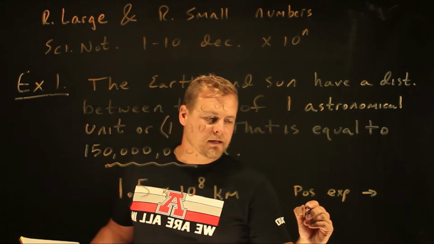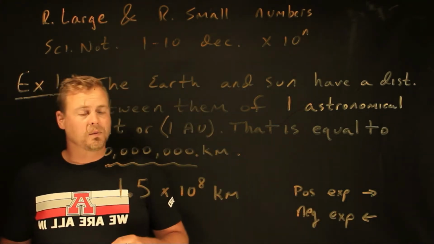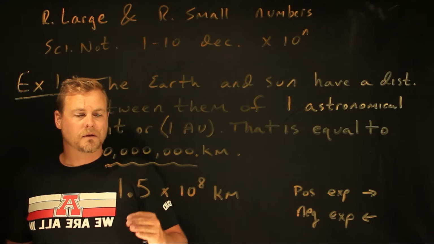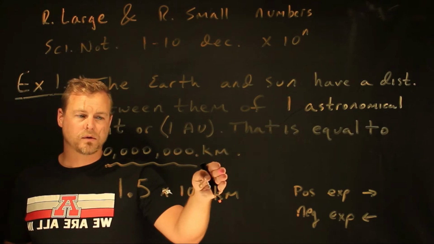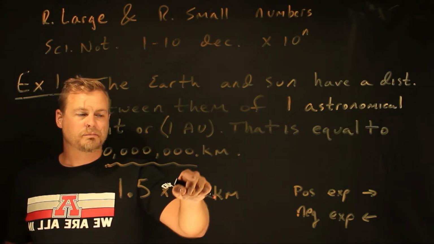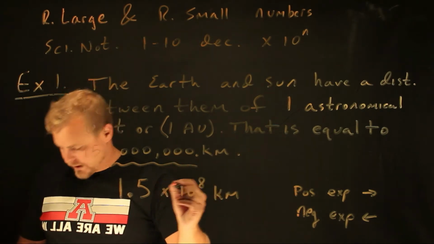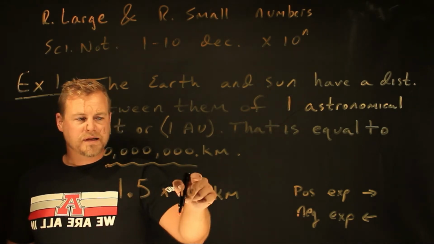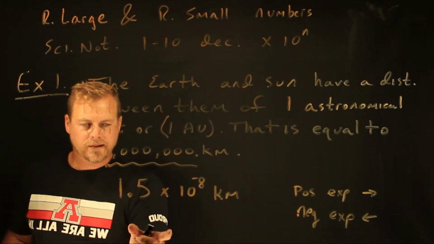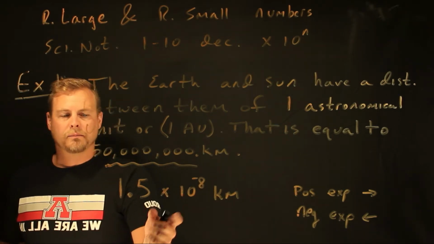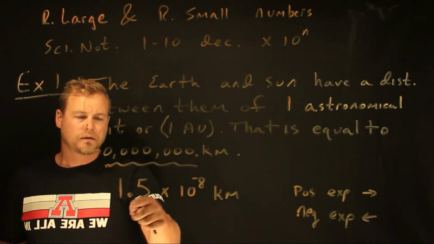If it's a negative exponent, you're going to go to the opposite side. And what that's saying, to unpack this, is you're going to divide it by that power, because 10 to the positive 8 is all up here in the numerator, but if I changed it to times 10 to the negative 8, what that really means is that that power is in the denominator, and so I would divide 1.5 by 10 to the power of 8, and that would unpack this number.